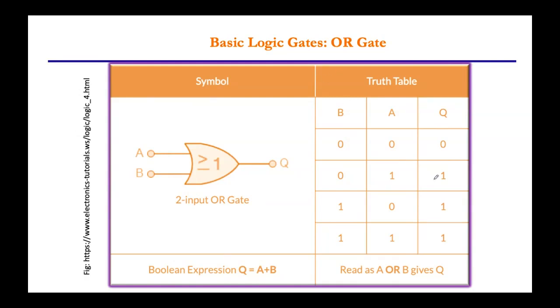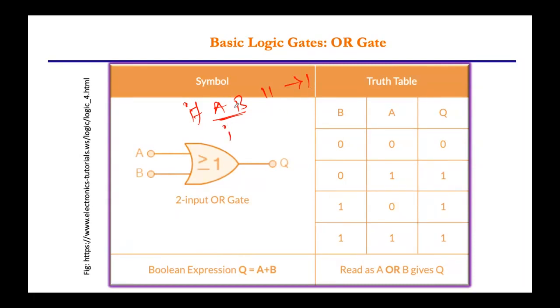So this is the truth table of your logic gate OR. From this truth table you can derive that if both the inputs are 0, then only the output is 0. In all other cases the output is 1. If any one input is 1, then the output is 1. In the previous case, if both the inputs are 1, then the result is 1.